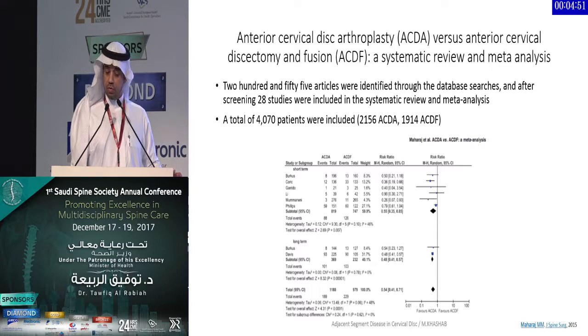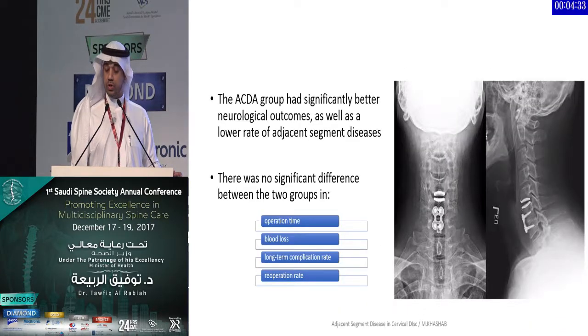It included about 28 studies and a total of about 4,000 patients, and they found a favorable outcome in the disc replacement group, because they had more neurological improvement and a lower rate of adjacent segment disease. But both groups were comparable in terms of operation time, blood loss, outcome, and reoperation rate.